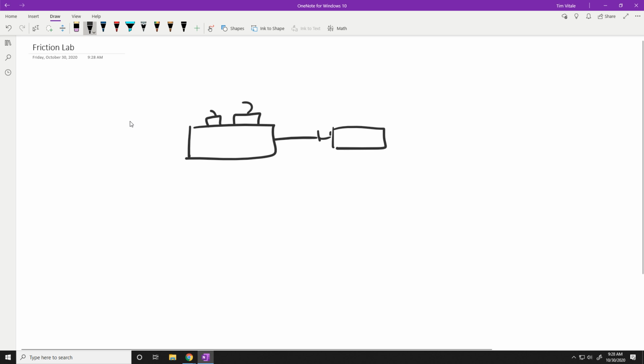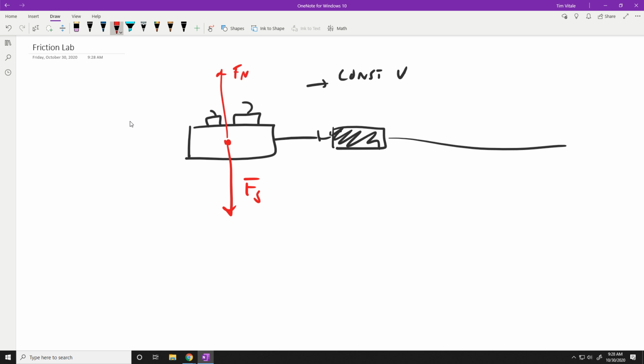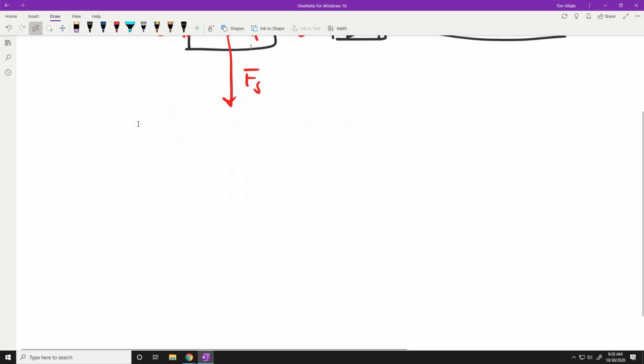There's a force sensor that was plugged into the computer, and you were pulling it at constant velocity. And by doing that, you ensured that the applied force that was being measured by the force sensor was equal to the friction force that you're basically trying to measure.